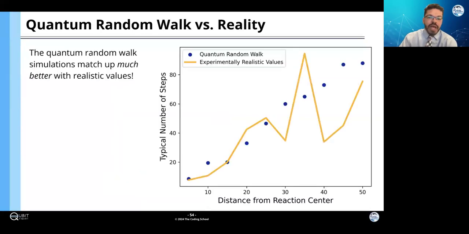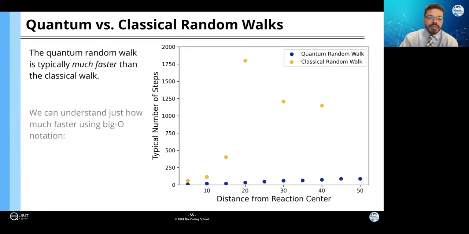How does that line up with reality? Our experimentally realistic values line up much better with our quantum random walk. So our quantum random walk is a better description, a better theory of how photosynthesis works. It is much, much faster.